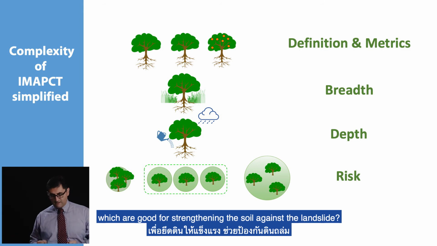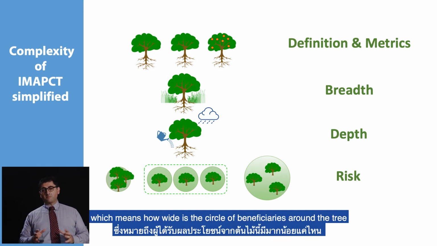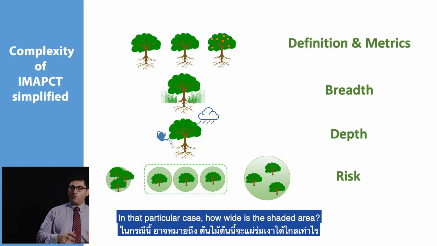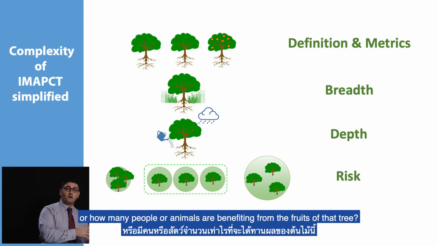Further, we need to understand the breadth of the impact, which means how wide the circle of beneficiaries around the tree is. In that particular case, how wide is, let's say, the shaded area, or how many people or animals are benefiting from the fruits of that tree.